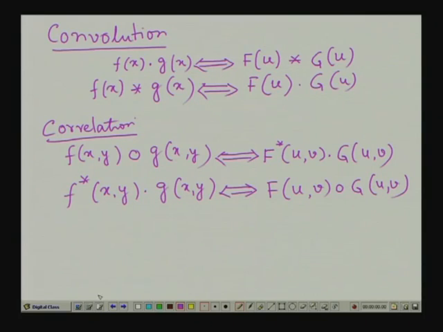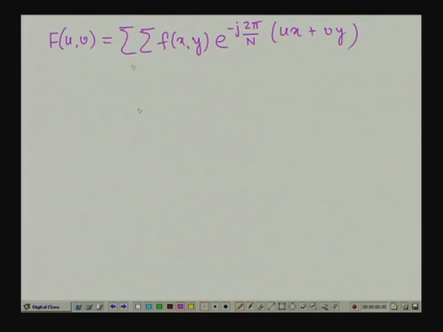Now, let us see an implementation of the Fourier transformation, because if you look at the expression of Fourier transformation, the expression we have told many times, this is F(u,v), which is the same as 1 upon N times the summation of f(x,y) e to the power minus j 2 pi by capital N (ux plus vy), where both x and y vary from 0 to capital N minus 1.